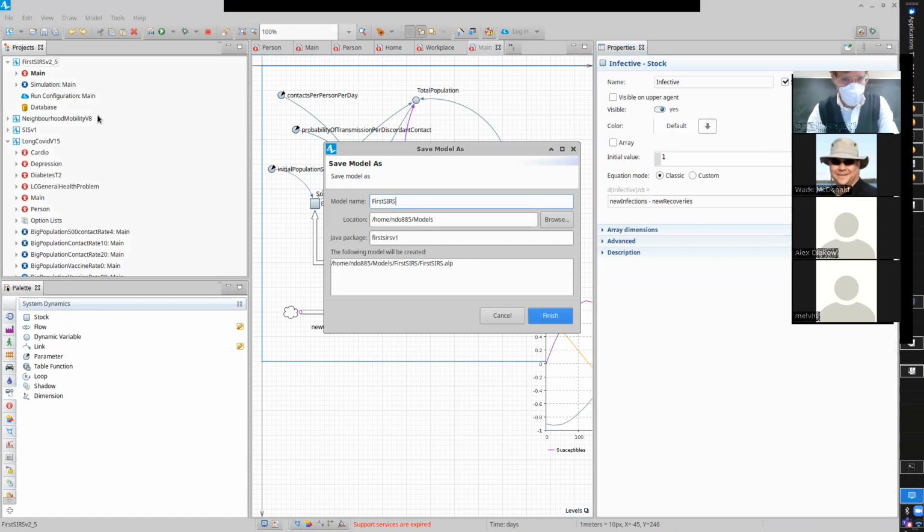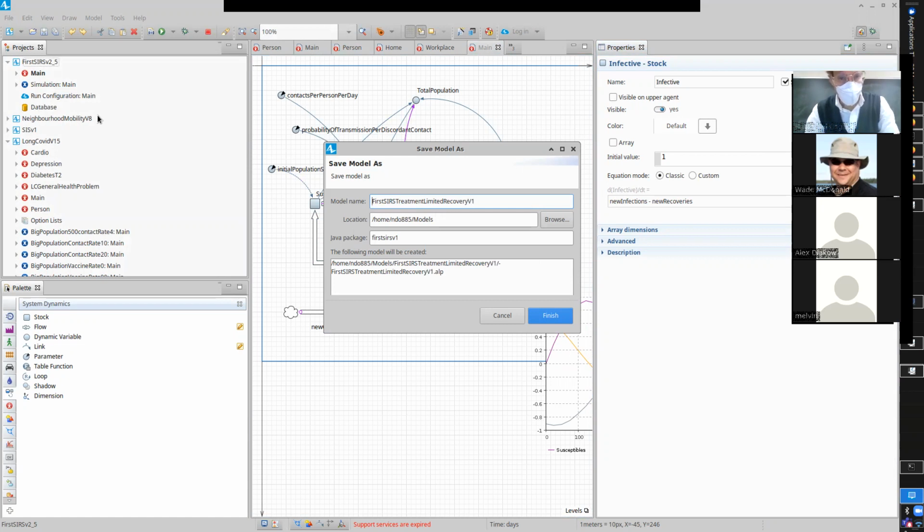So I'm going to call this first SIRS healthcare, or treatment, we'll call it treatment limited services or treatment limited recovery. There we go. V1.